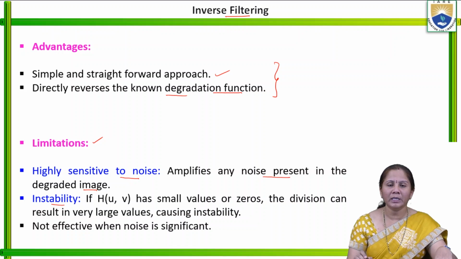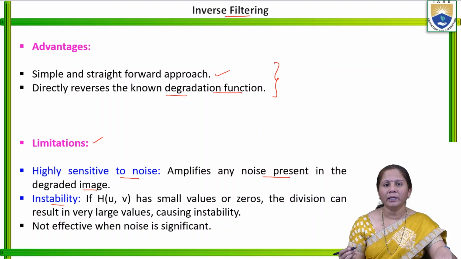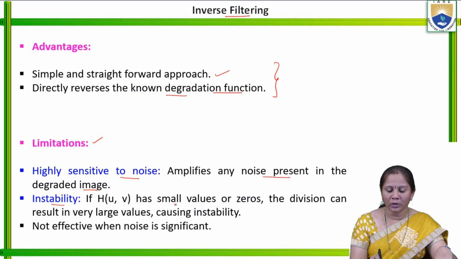Where does the instability come from? From selecting the filter transfer function H of u comma v. As we have discussed, it should not be 0. If it is 0, the estimated output will be much higher than the original image. So what happens if H of u comma v has small values or zeros?